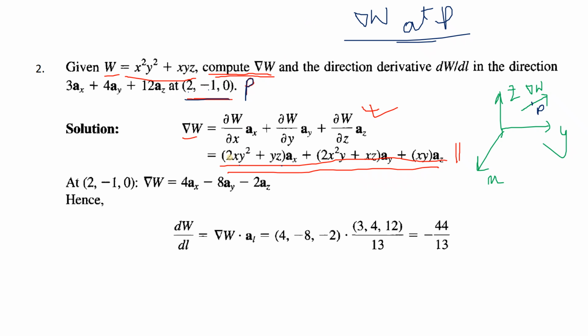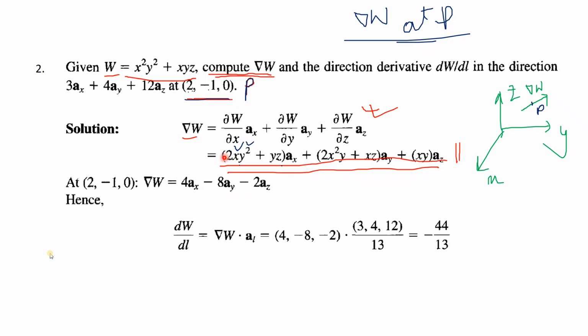What to do? Just put the values of point P into the vector. Here x and y are squared, so for x we will put 2, for y we will put -1, and for z we will put 0. Like this, you will calculate delta W at point P.